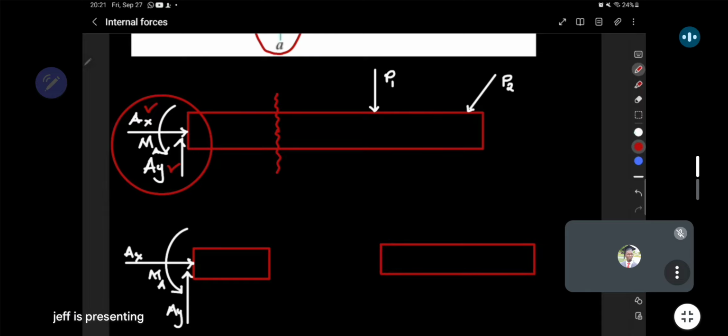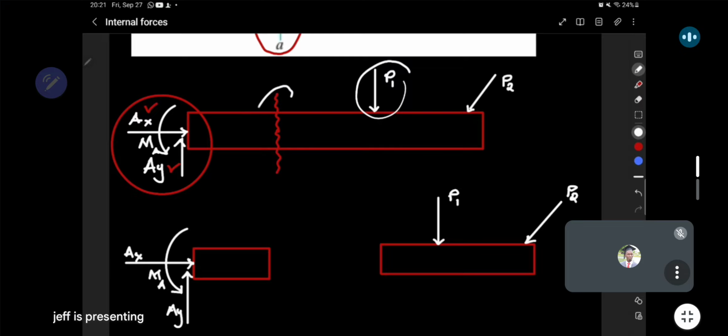That section will have the force P2. It will also have the force P1. So this is what is on the diagram already.